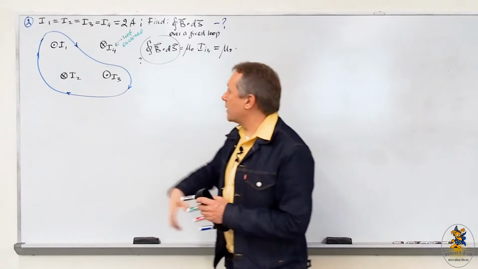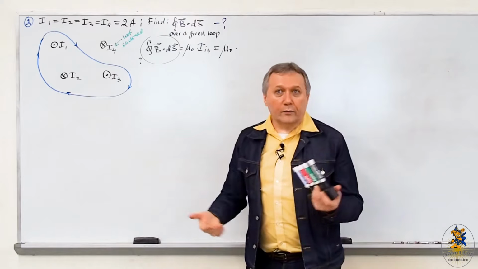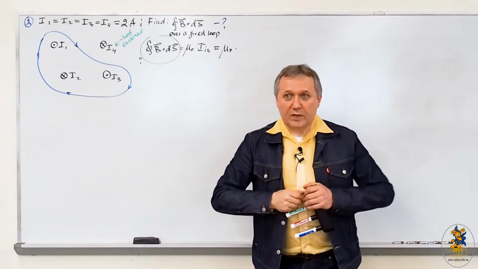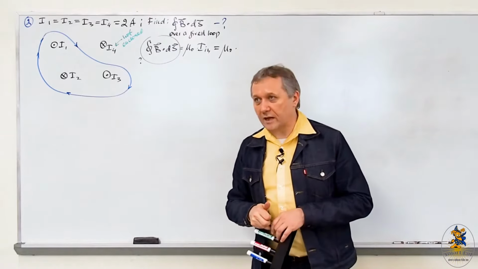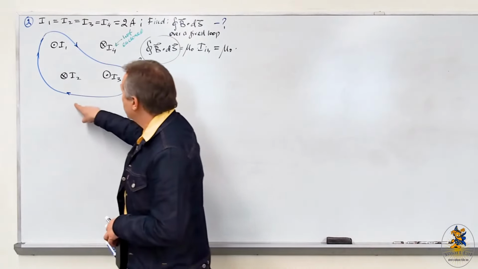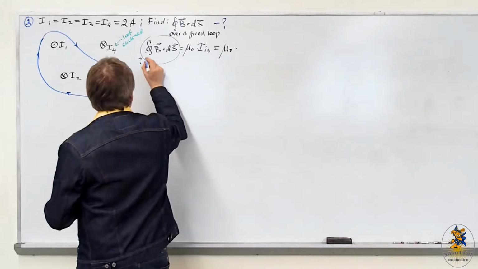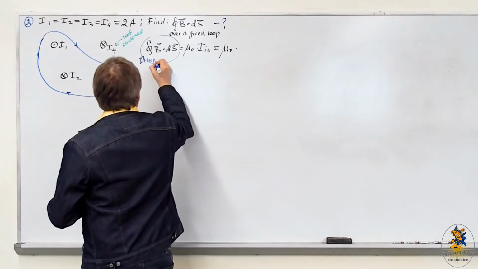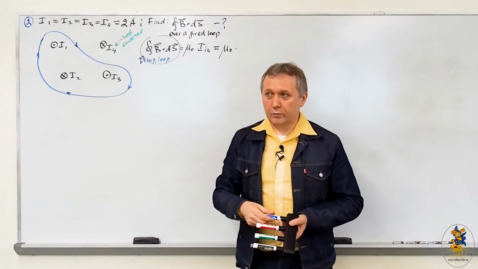So we have only three currents, I1, I2, and I3. And of course some of them must be positive, some of them must be negative. So the rule which we have to follow in order to get the correct sign for each current: since the direction of integration is given over this Amperian loop, we just need to use right hand rule number 2.